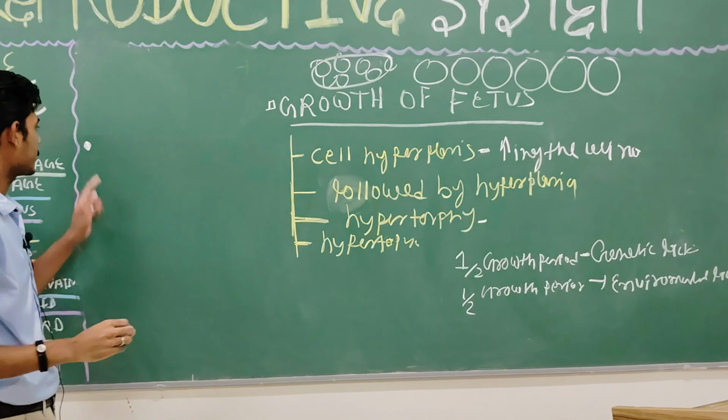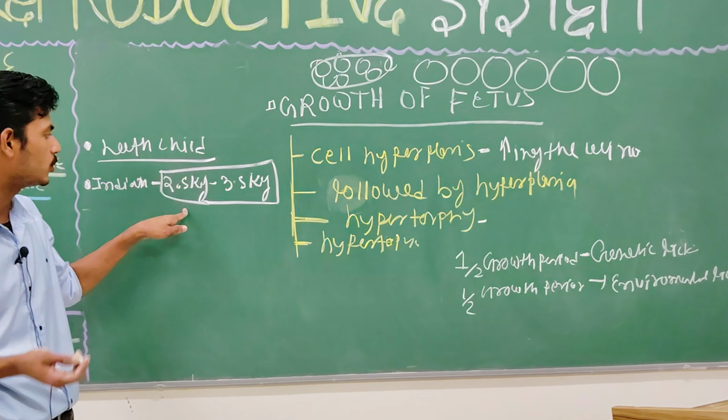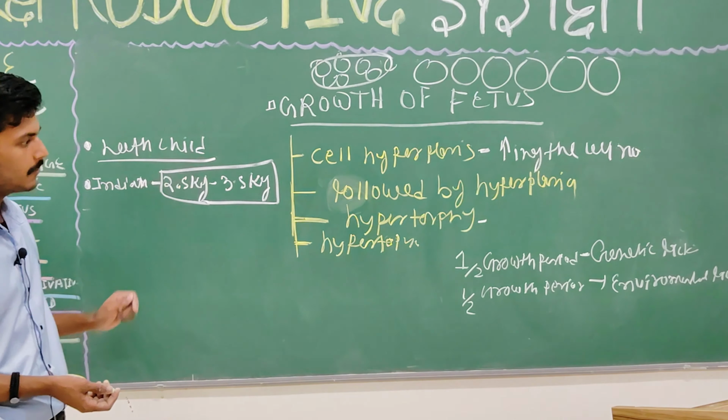Now another thing we have to understand is that if we talk about the Indian baby weight criteria, it varies from 2.5 kg to 3.5 kg. Indian infants' weight is about 2.5 kg to 3.5 kg.